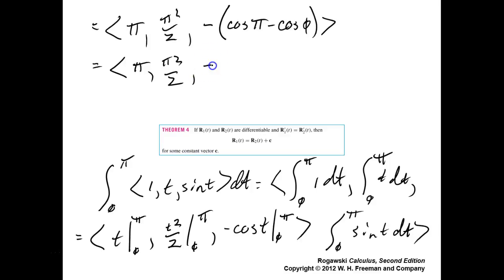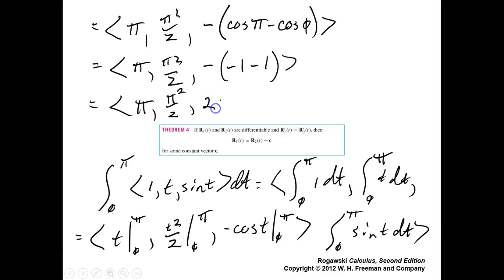Now, minus, let's do that in parentheses, that's a minus 1 minus 1. Okay, so it'd be a positive 2. You got it. That's equal to angle bracket pi squared over 2, comma 2. The simplest number at the end was the hardest one to get, but I guess that works out.